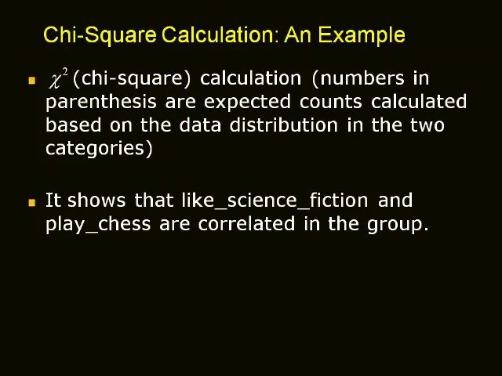This chi-square statistic tests the hypothesis that A and B are independent. The test is based on a significance level with R minus 1 times C minus 1 degrees of freedom. So therefore, by using this computation, we can say that science fiction and play chess are correlated in the group. So for categorical data, we use the chi-square test.